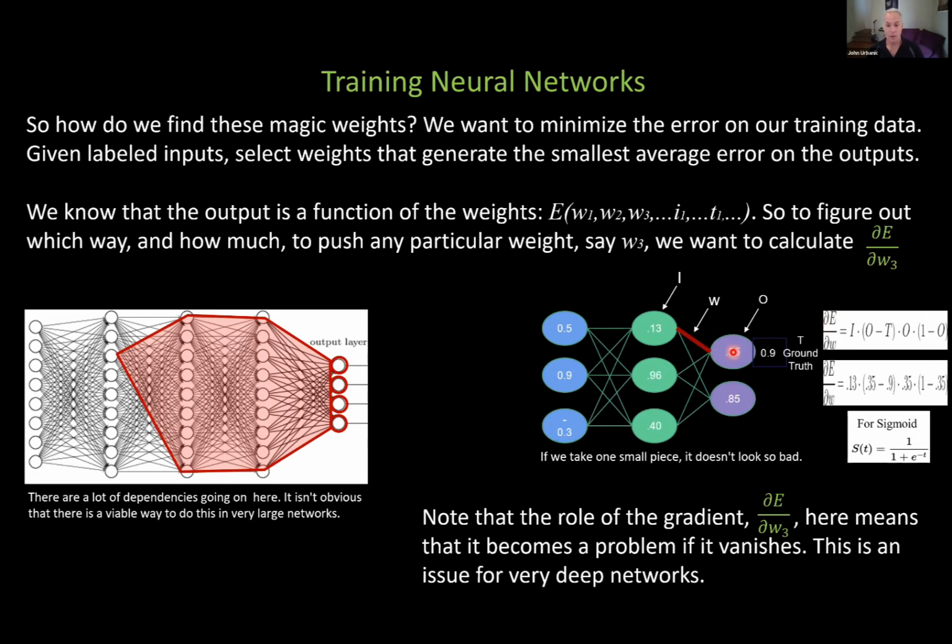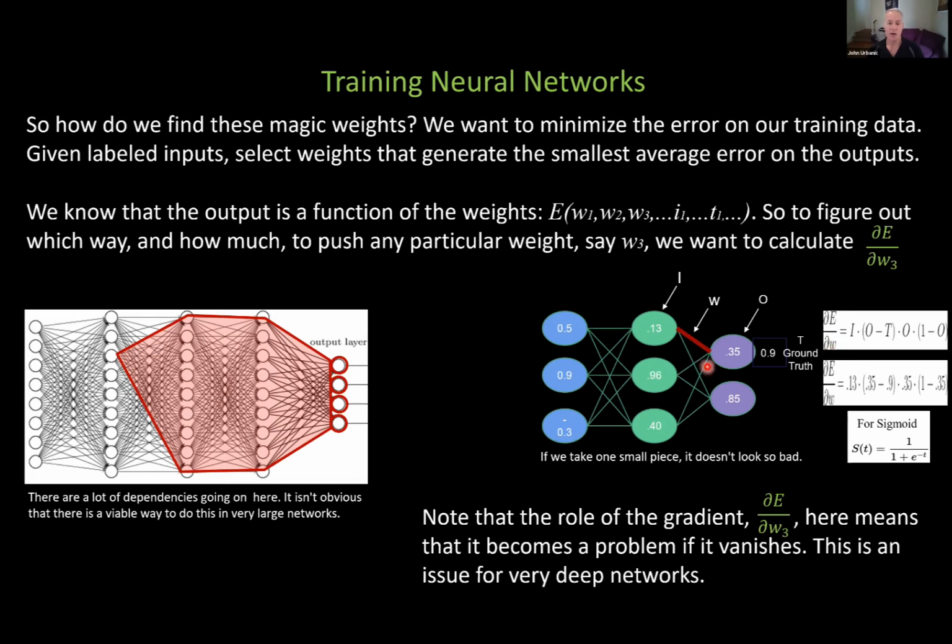Well, for this one link right here, we can actually write that out because remember, we just stepped through the mathematics of how it calculates this. We know that it takes the input times this weight and applies this nonlinear function. So for this particular sample, we can work through all the math right here. We can look at the inputs from the previous layer, and we can look at the weights involved and everything else, and we can actually figure out what the derivative is with respect to the weight.